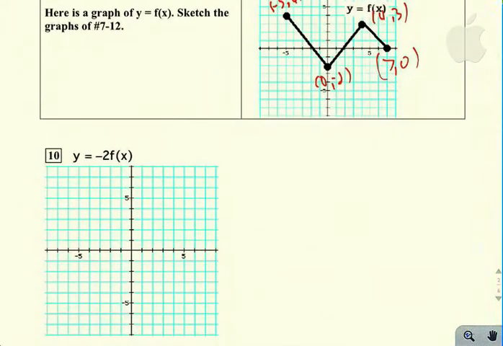So we would have negative 5 comma, excuse me, negative 8. And instead of 0, negative 2, we'd have 0 comma 4. And 4 comma negative 6. And 7 comma 0.